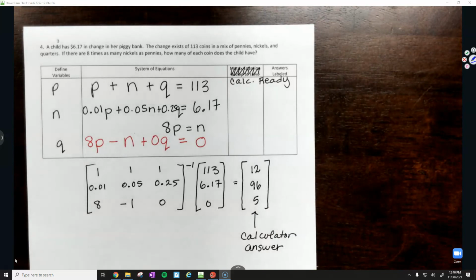Yeah. Okay. So 12, 96, and 5 is what you should get for the coins. Anybody else get that?